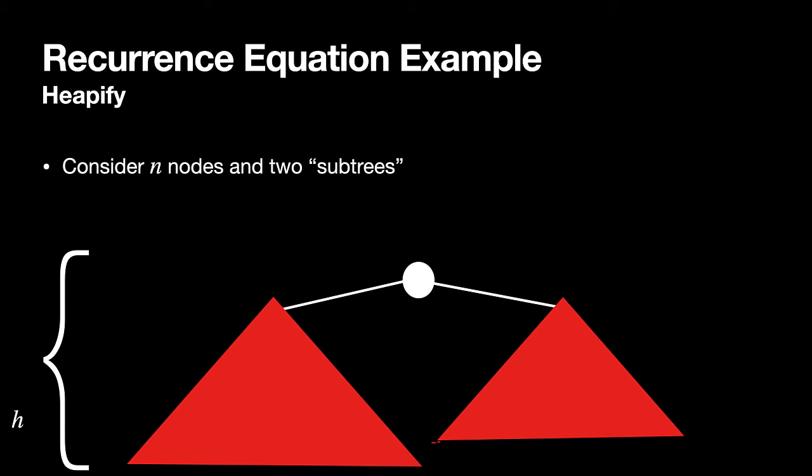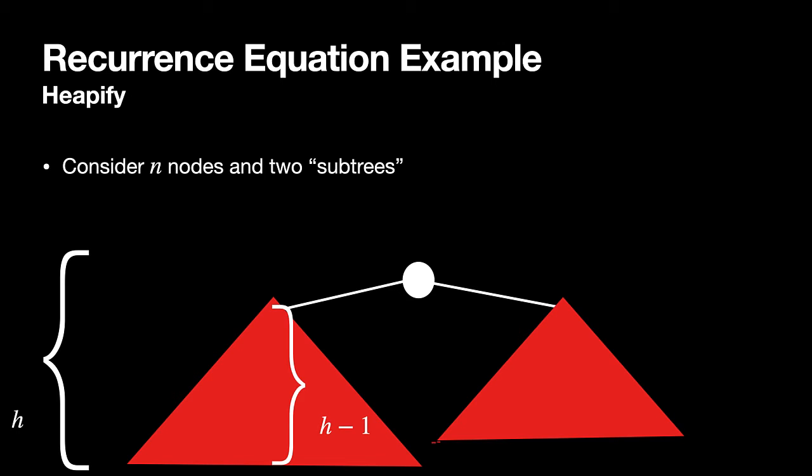The overall height of this tree we could consider to be h. And the height of the left subtree we would consider to be h minus 1. It's one step lower than the root. And the right subtree would then be h minus 2. In our case, we're going to be slightly pessimistic and think about the maximum amount of work that we would have to do, which would be all about the taller of the two subtrees, which would be the left subtree.